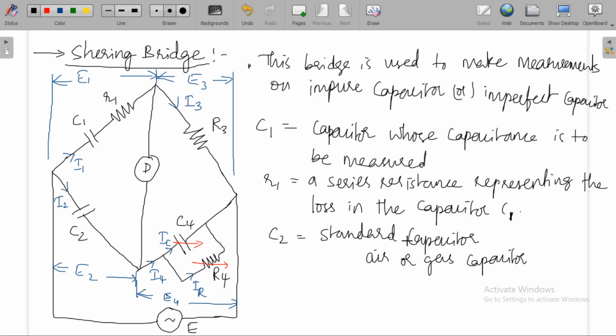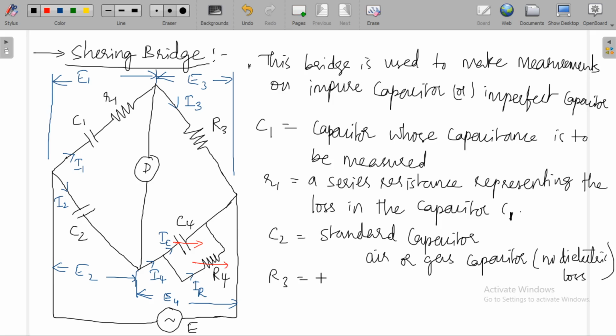An air or gas capacitor will be a pure capacitor, having no dielectric loss. A capacitor without dielectric loss is a pure capacitor. Here C2 is a pure capacitor.